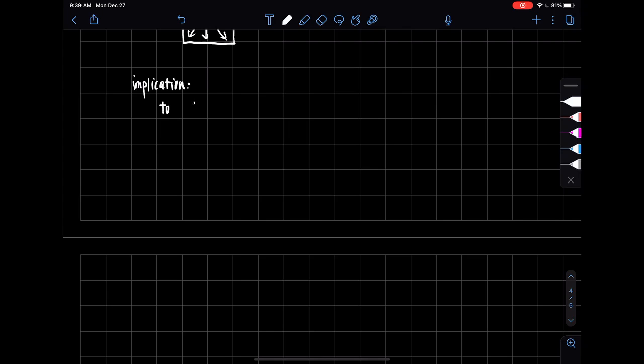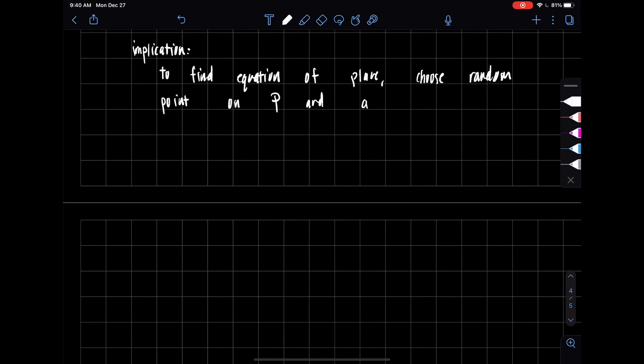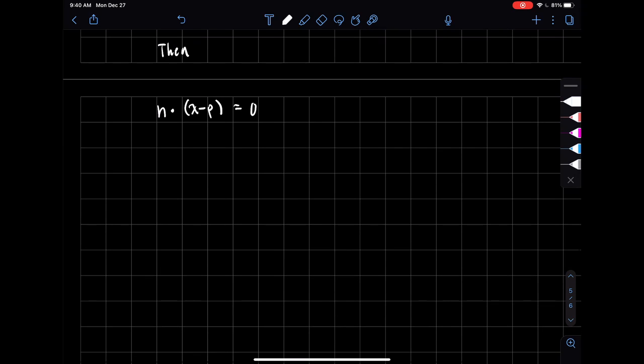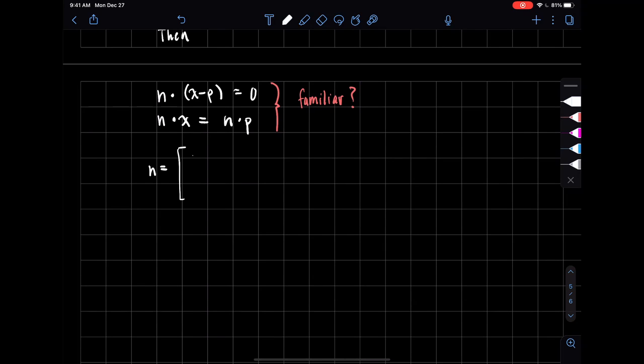To find a plane in R3, we simply choose a point P on the plane and a non-zero normal vector n. Thus, x represents an arbitrary point on P. The equation is basically the same as for a line: n dot x equals n dot p, where n equals (a, b, c) and x equals (x, y, z), simply with more components.